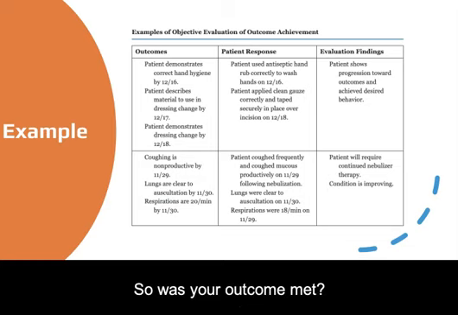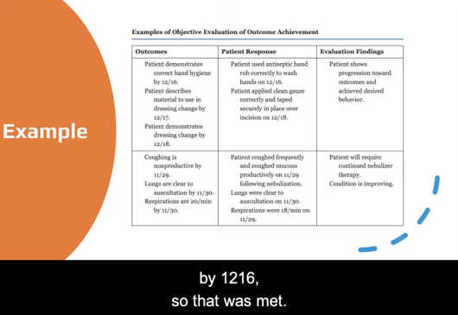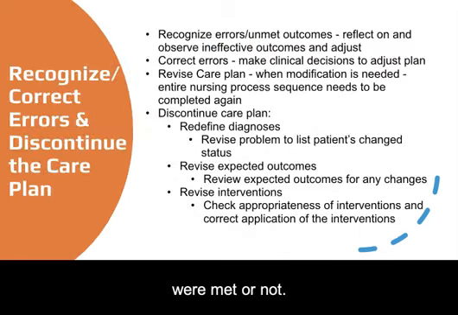So was your outcome met? Yes, it was met. They demonstrated how to perform hand hygiene by 12/16. So this is how you evaluate whether your outcomes were met or not.